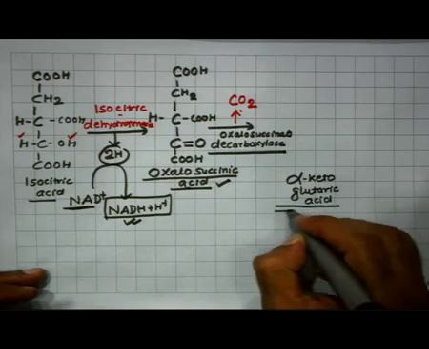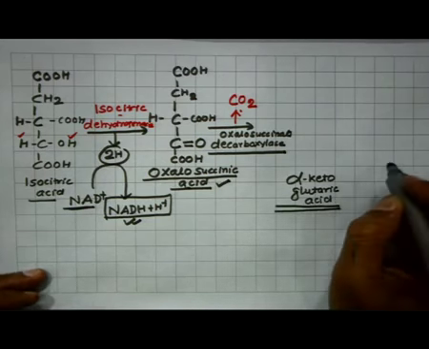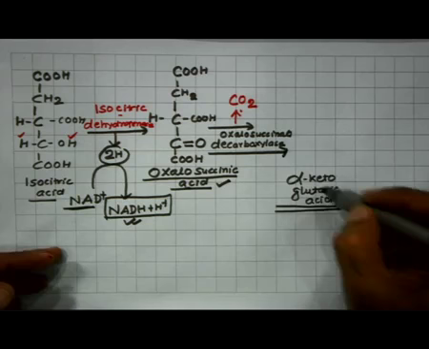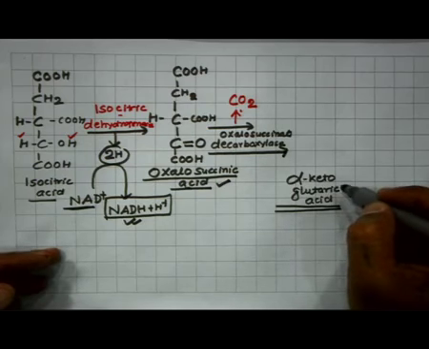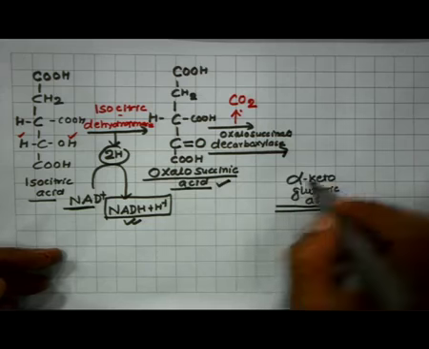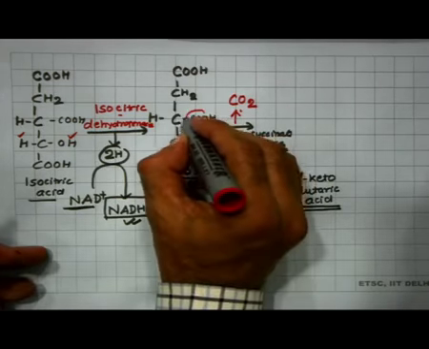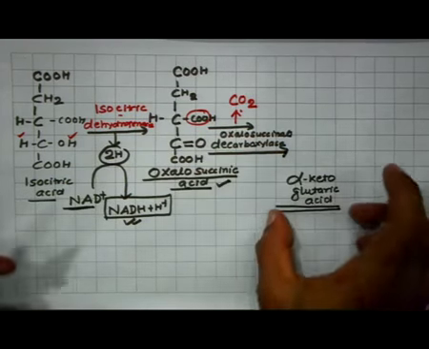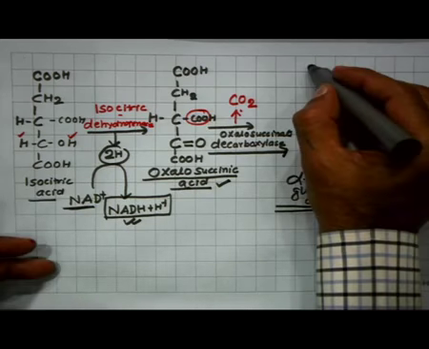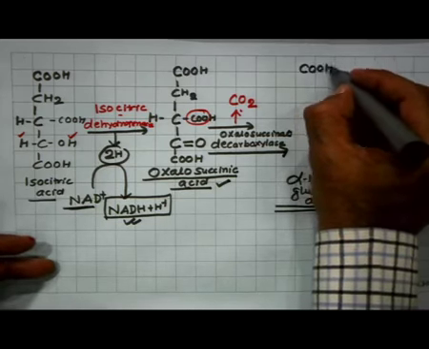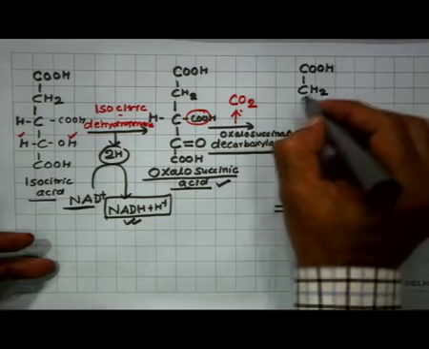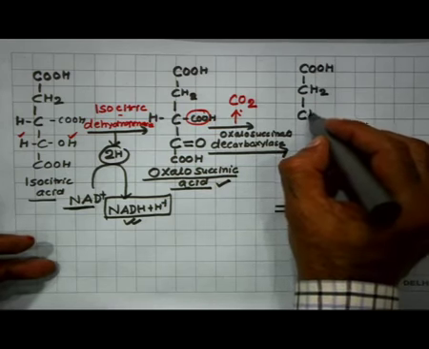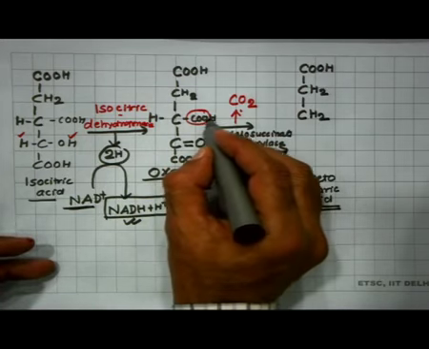which is the intermediate product of the Krebs cycle. Besides carbohydrate, other substrates also form alpha ketoglutaric acid. This carbon dioxide is removed from here. So, we can easily write the formula of alpha ketoglutaric acid without any problem, that is COOH, CH2, here CH2, after the removal of carbon dioxide, H and H are there.